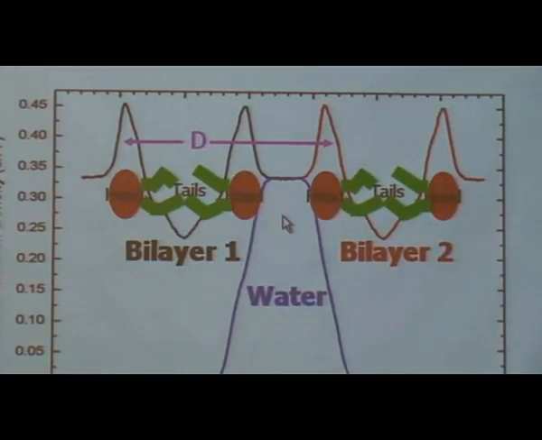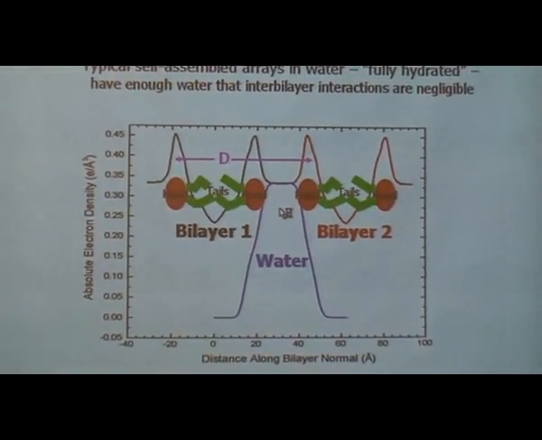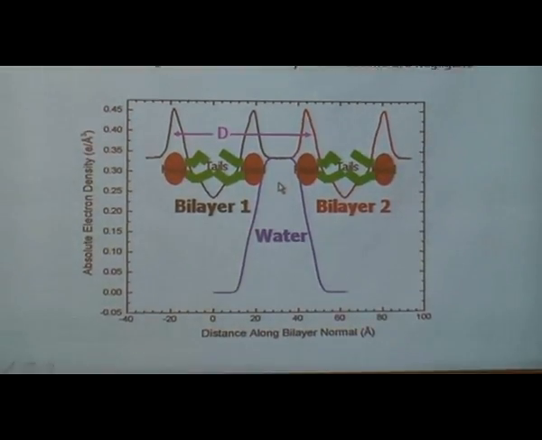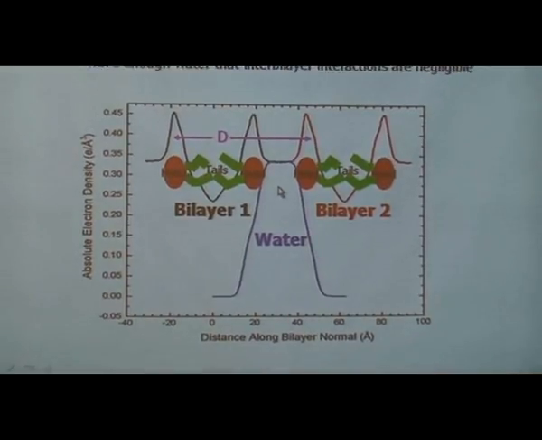If there's enough water in between them, the interactions between the bilayers are small compared to the interactions within the bilayers, so the inter-bilayer interactions are not going to perturb the structure very much. That's the main theme, and that happens when we have so-called fully hydrated bilayers where we put them in water.